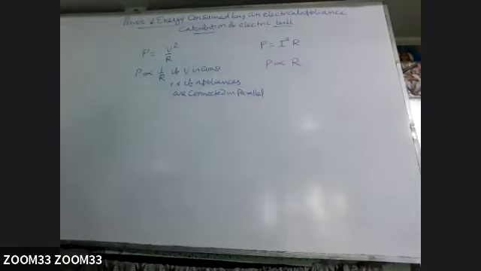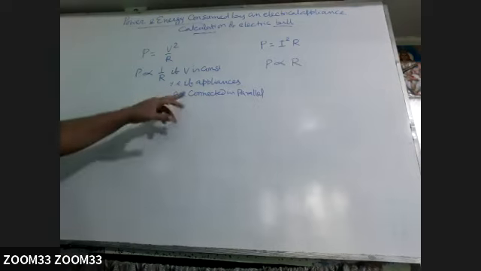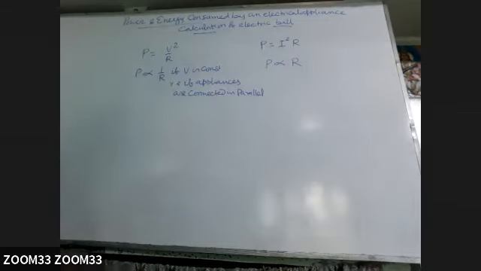Generally in wiring system, appliances are connected in parallel. Only at the time of decoration, the small bulbs are connected in series. So when connected in parallel, we know the potential difference will be same.